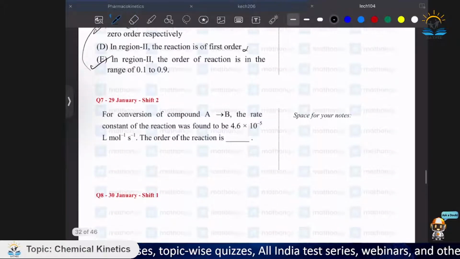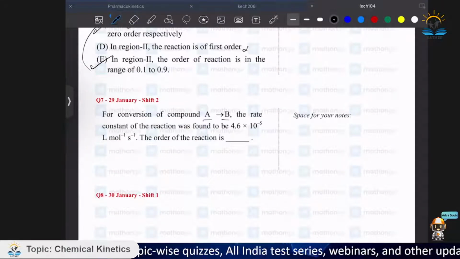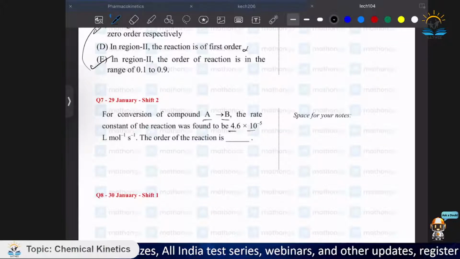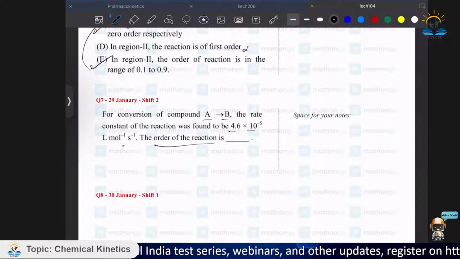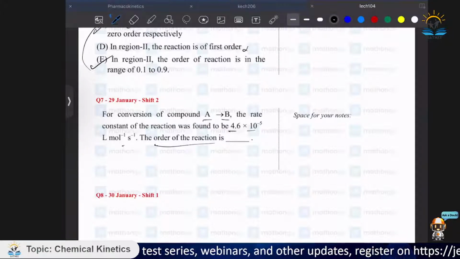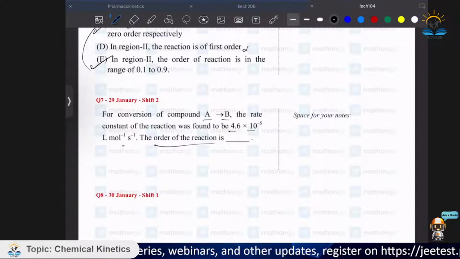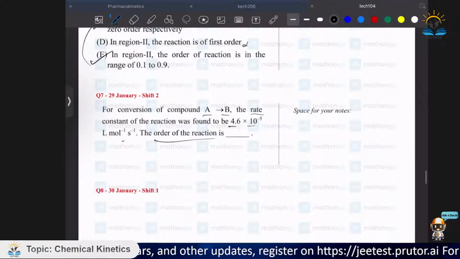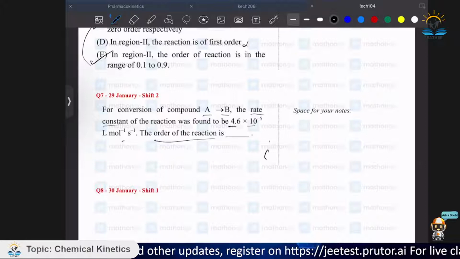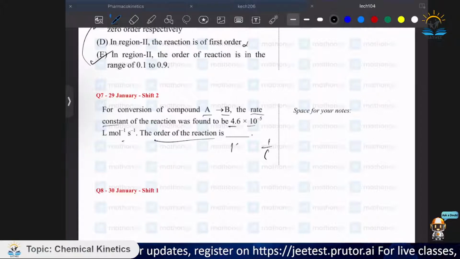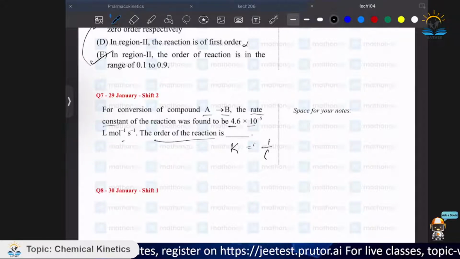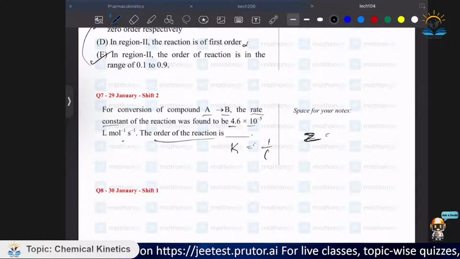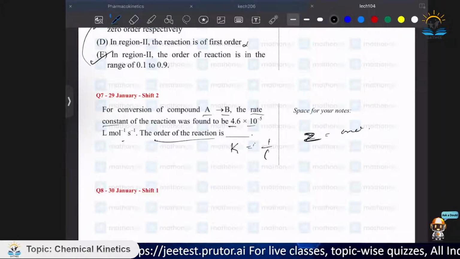Next, for conversion of compound A gives B, the rate constant was found to be 4.6 into 10 to the power minus 5 liter per mole per second. Order of the reaction is? Rate constant is 1 by C. So for zero order reaction, it is just concentration by time.